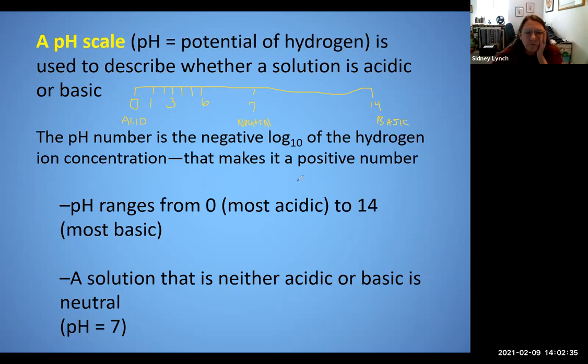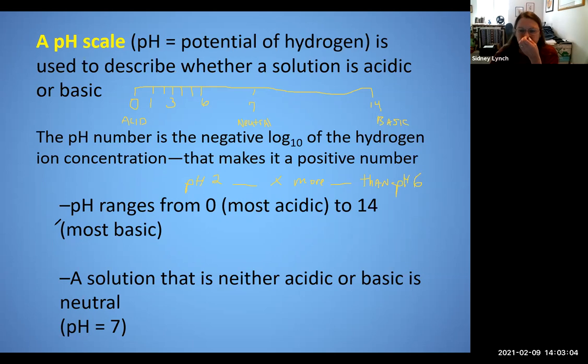So going by that, let's see, a pH of 2 would be blank times more blank than, let's say, pH 6, for example.